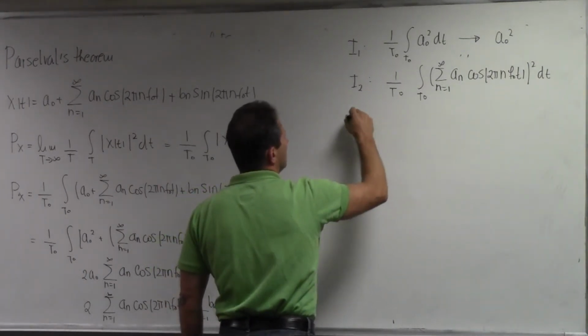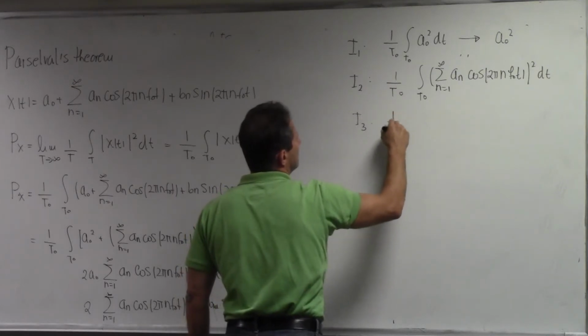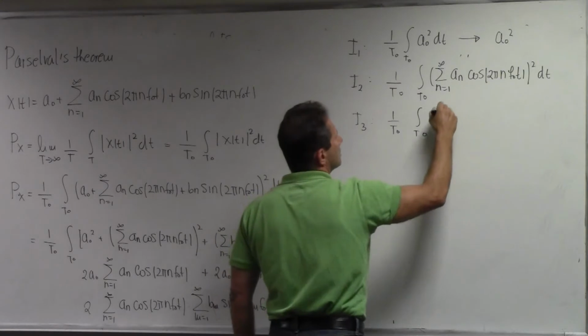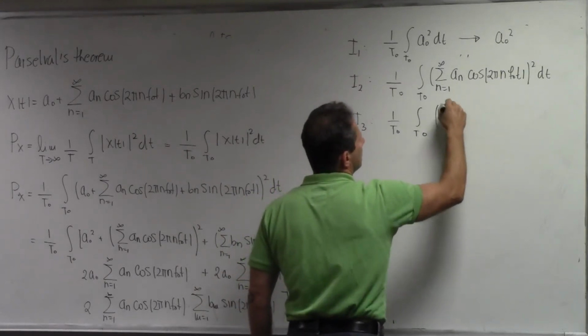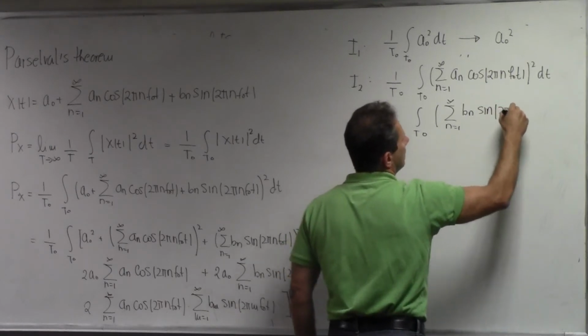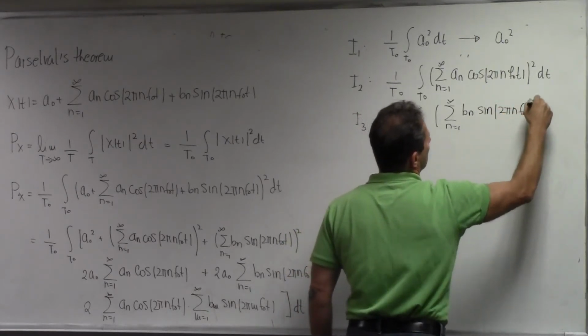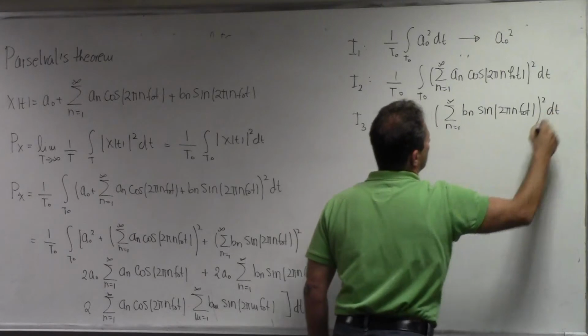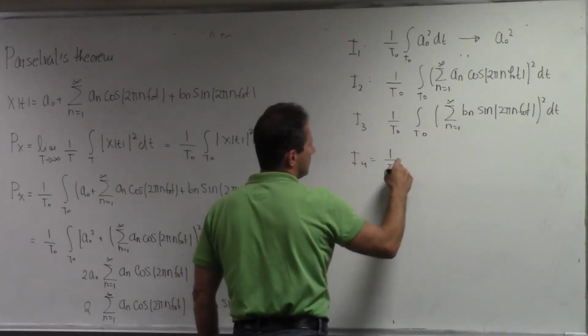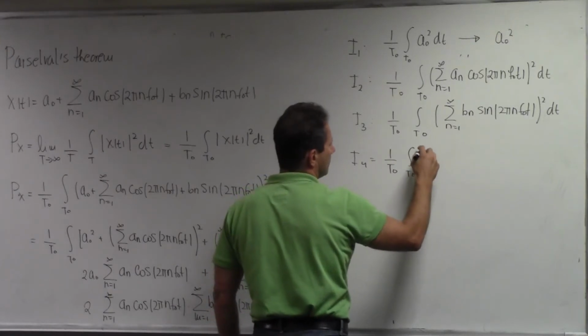I3 is going to be 1 over T0, integral over T0, sum when n goes from 1 to infinity, bn sine 2 pi n f0t quantity squared dt. I4 is going to be 1 over T0, integral over T0.